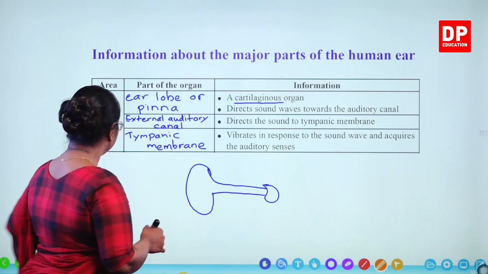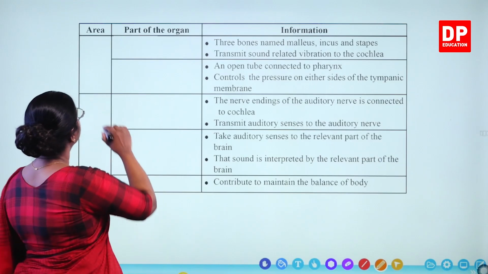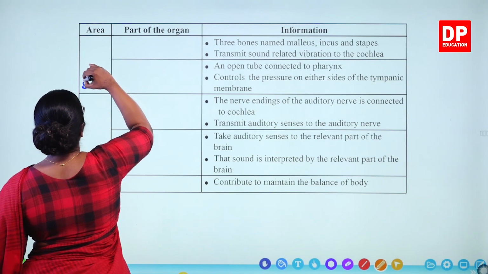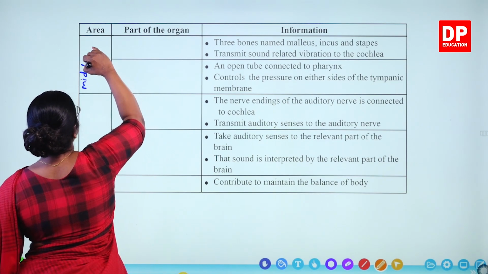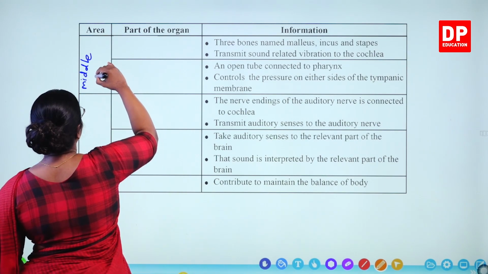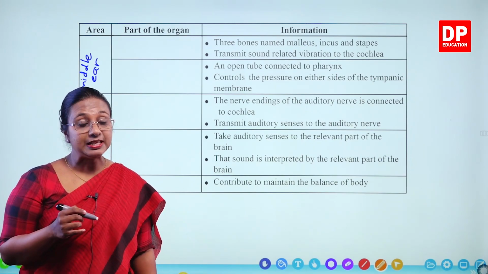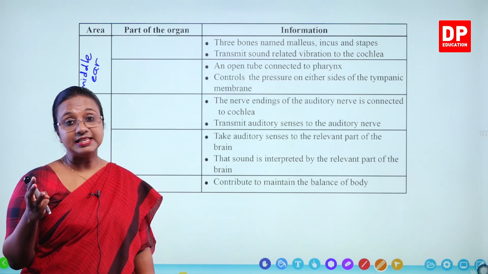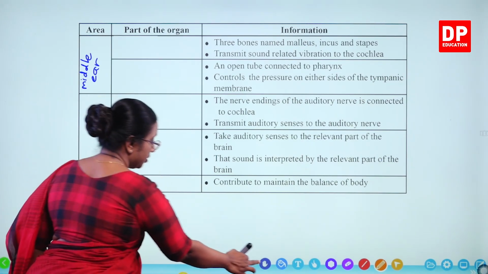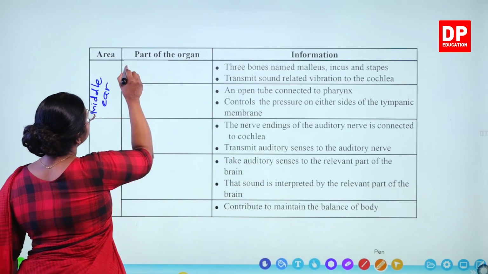Then we have the middle ear. So here this part is the middle ear. What are the structures present in the middle ear? The ossicles and the eustachian tube. So here we have the ossicles.